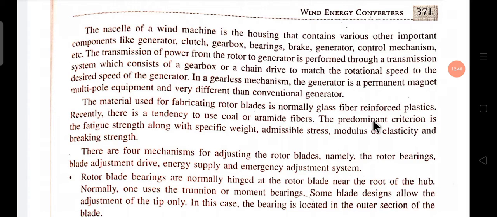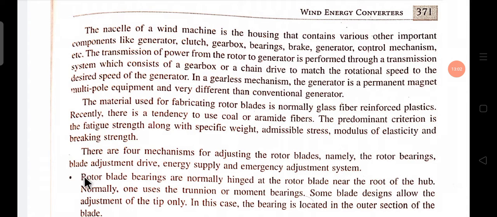The predominant criterion is the fatigue strength along with the specific weight. Remember this: the material used for fabrication of the rotor blade is normally glass fiber reinforced plastic.